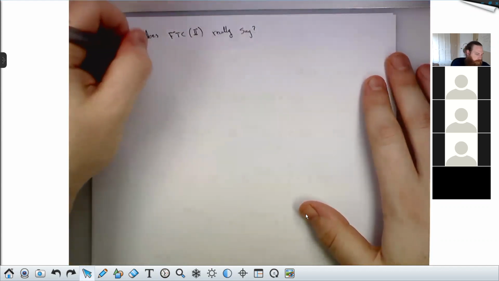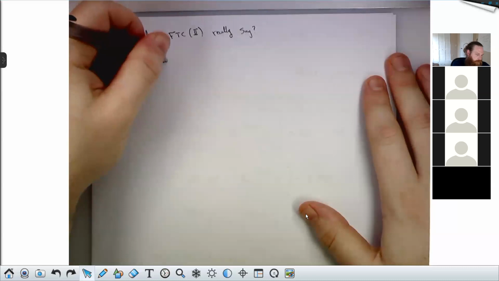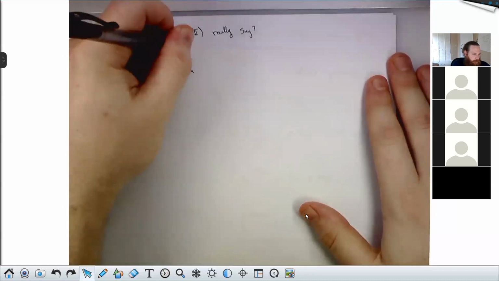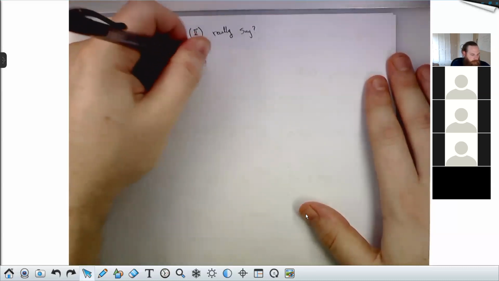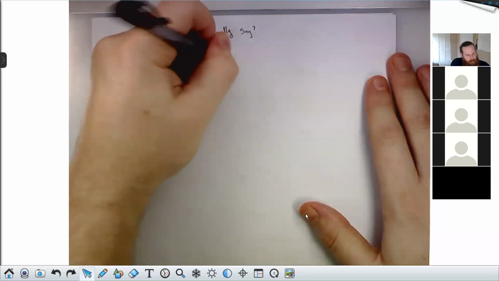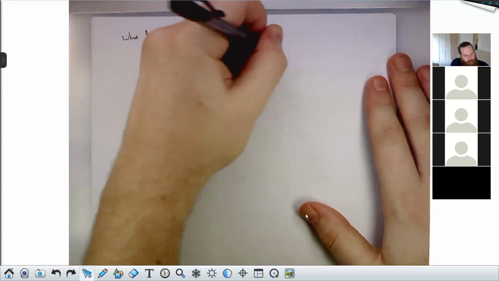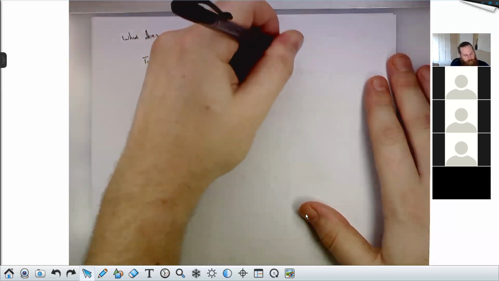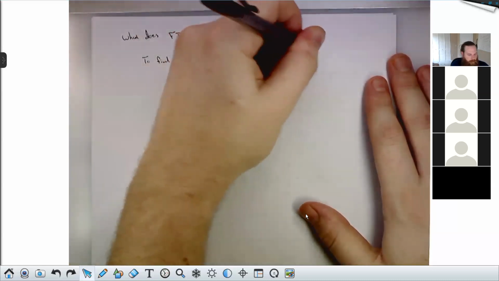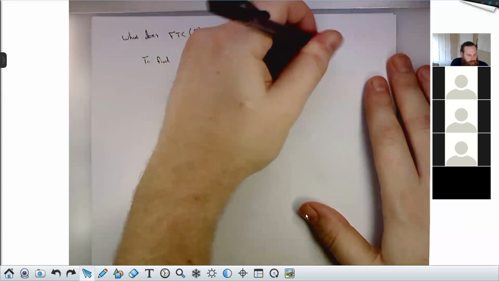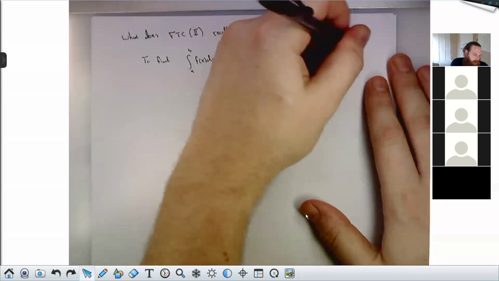It says to find the integral from a to b of some function, first you find an antiderivative of little f.